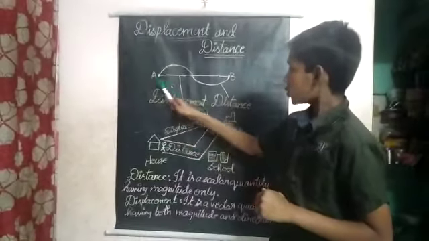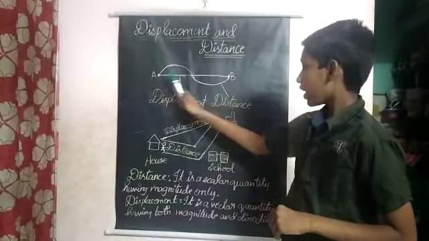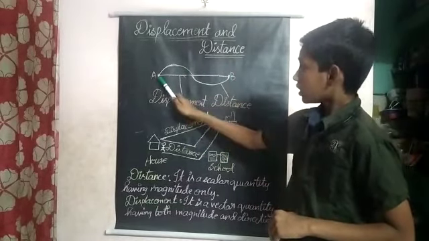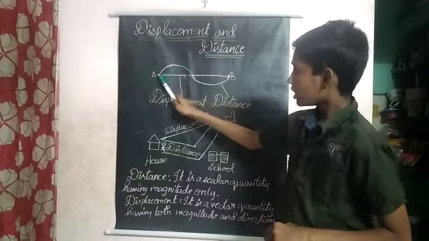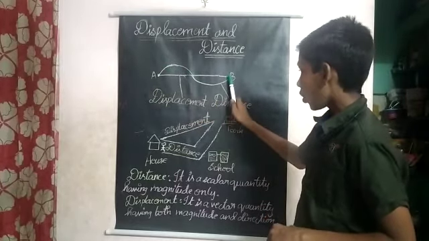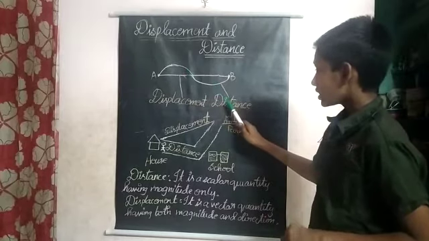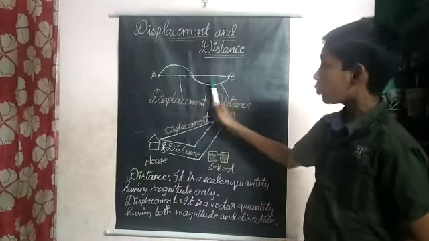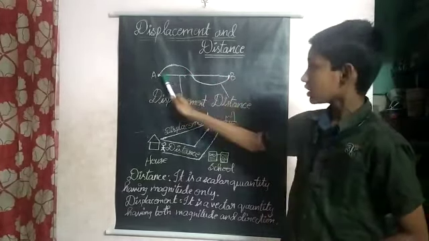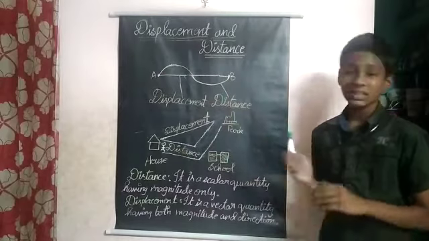Here there are 2 points, point A and B. We can travel by this path or by this path. The distance travelled by the body is denoted as distance. The actual length between 2 points is denoted as displacement. So, these are displacement and distance.